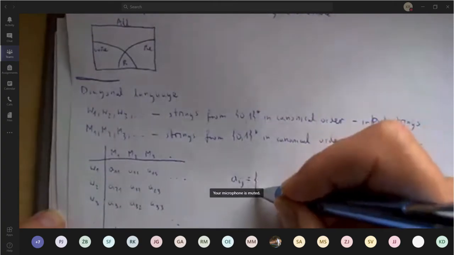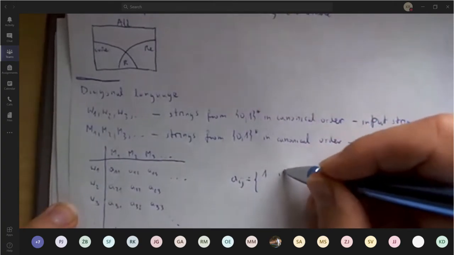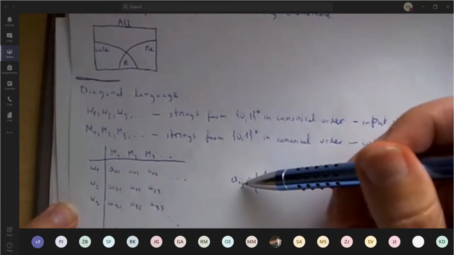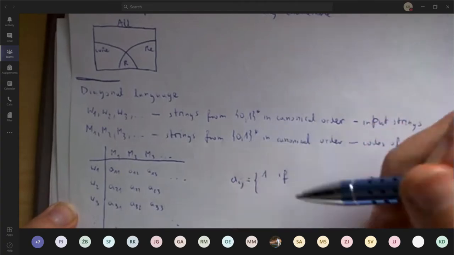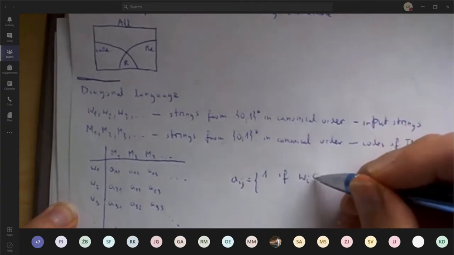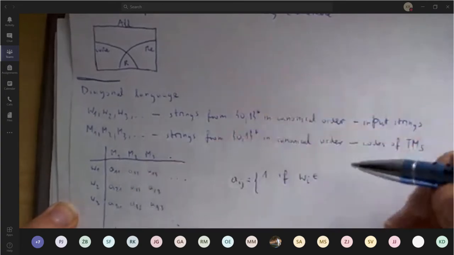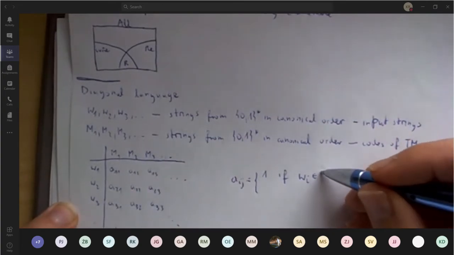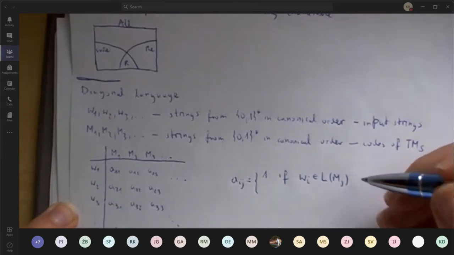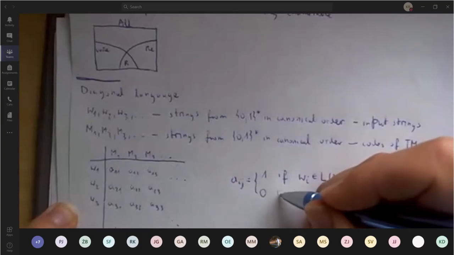aij is 1 if the input string wi is accepted by the Turing machine Mj, and it is 0 otherwise.